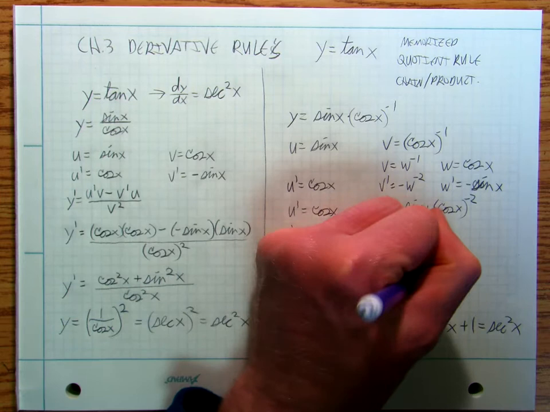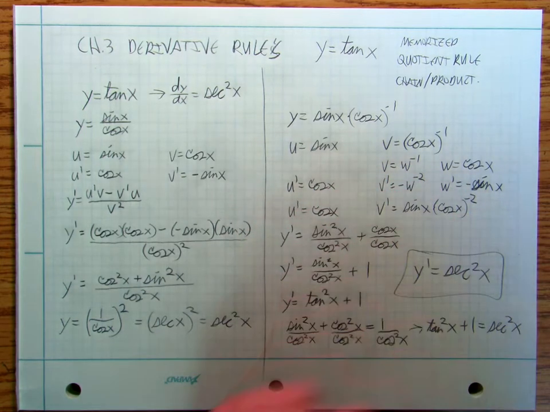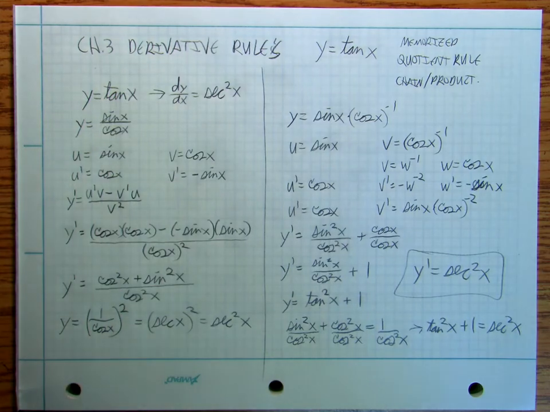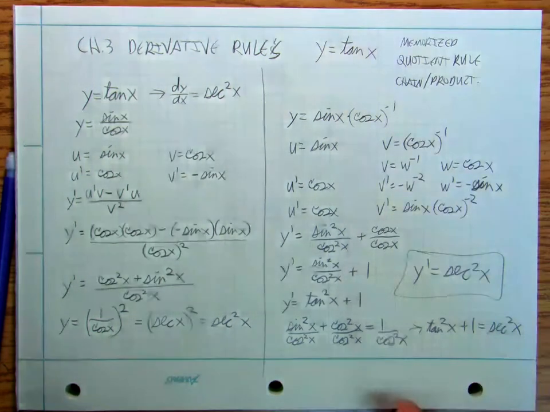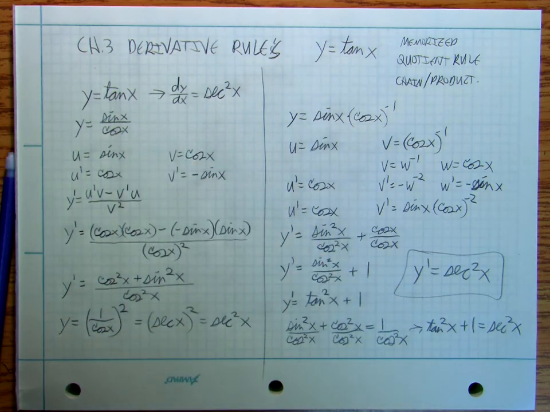So there you go. That's how you get the derivative of tangent x, using a quotient rule or also chain rule and product rule, and also using some trig identities, which are really, really important to remember.